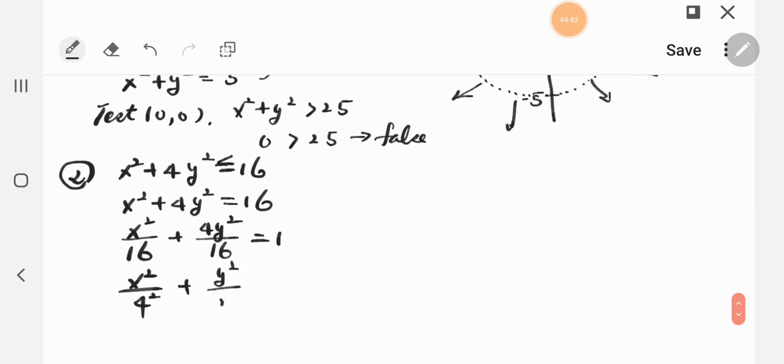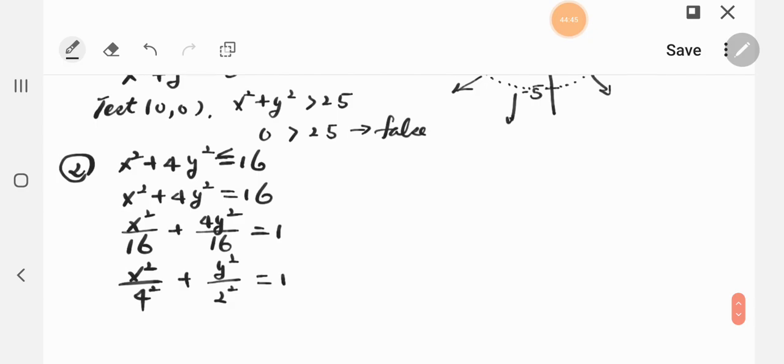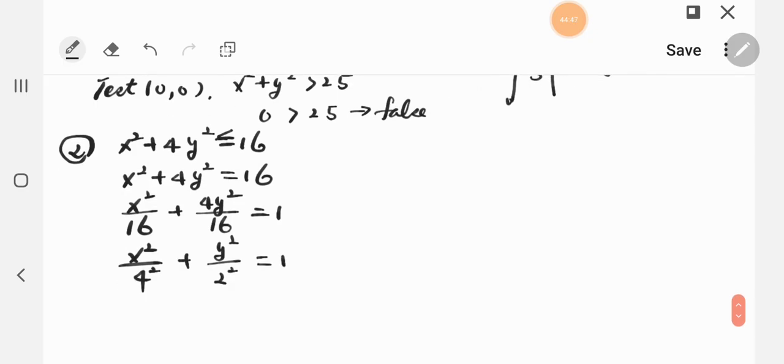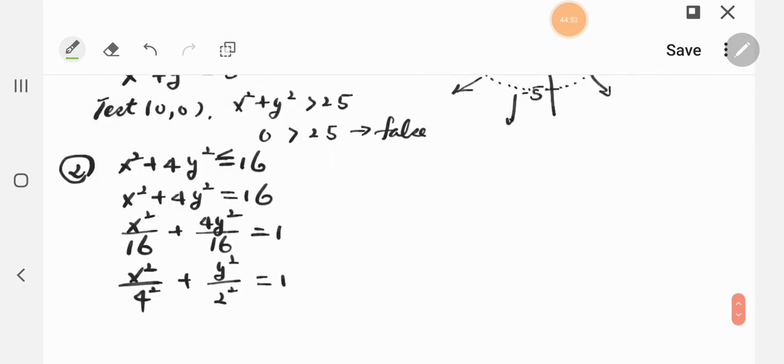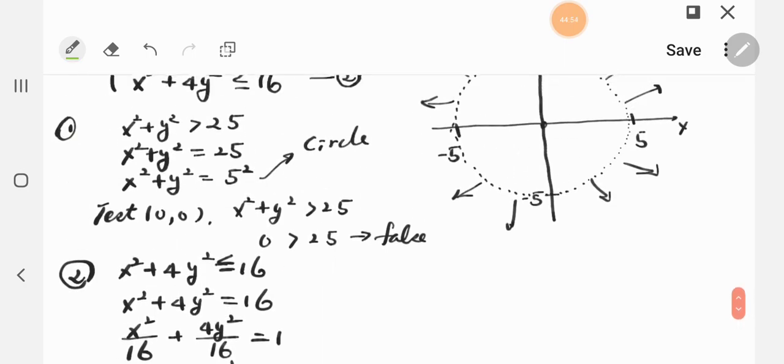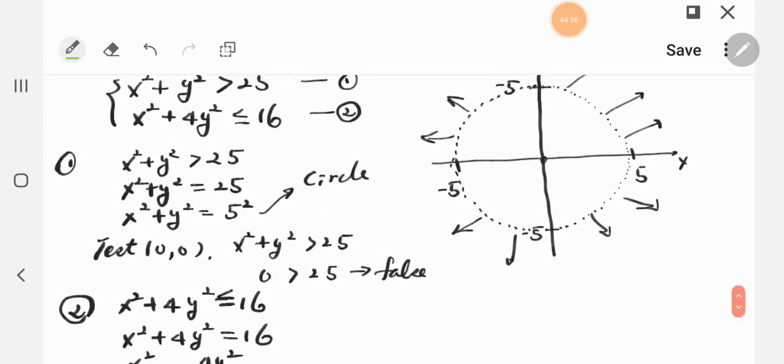Okay, 4 is 2 squared. So a is 4 and b is 2. This means the major axis is 4 and the minor axis is 2. So let's say this is 4, negative 4, and the minor axis is 2, this will be negative 2. This is an ellipse, and the ellipse is a solid curve.